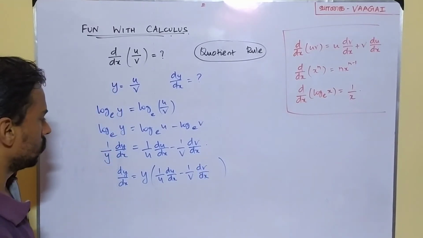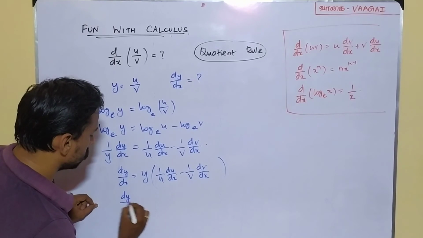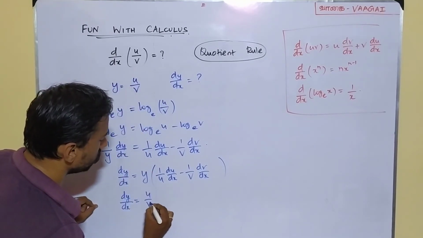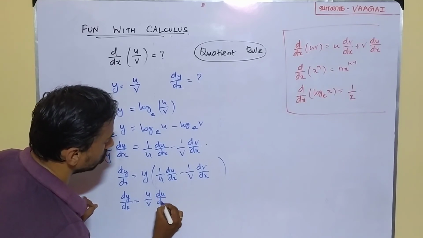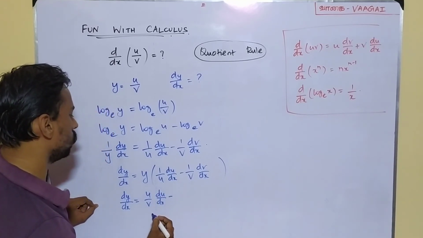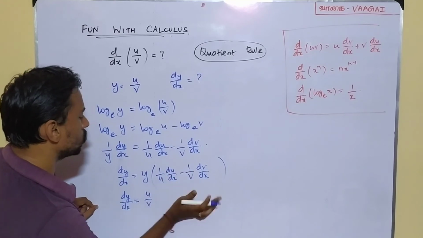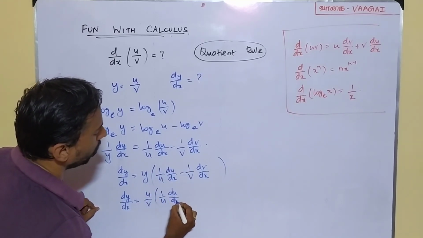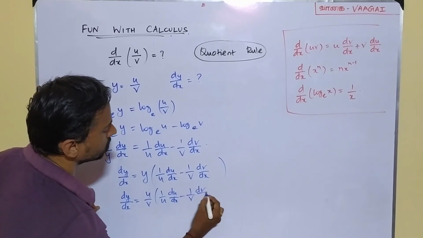So continuing this, dy by dx is equal to, we know y is actually u by v, so u by v into 1 by u du by dx minus 1 by v dv by dx.